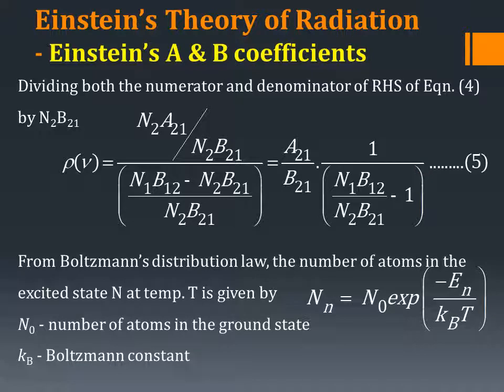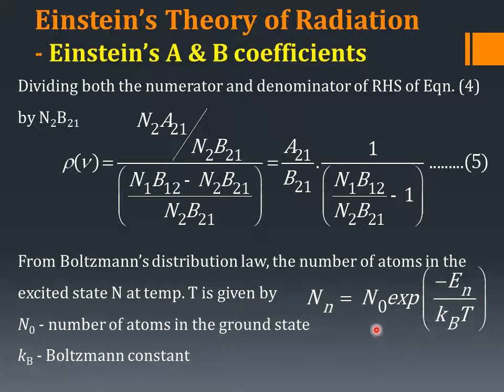From Boltzmann's distribution law, the number of atoms in the excited state N at temperature T is given by N is equal to N0 exp minus En divided by kBT, where N0 stands for the number of atoms which are there in the ground state and kB stands for the Boltzmann's constant.